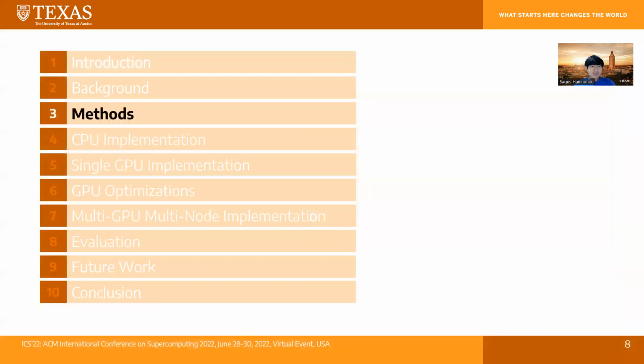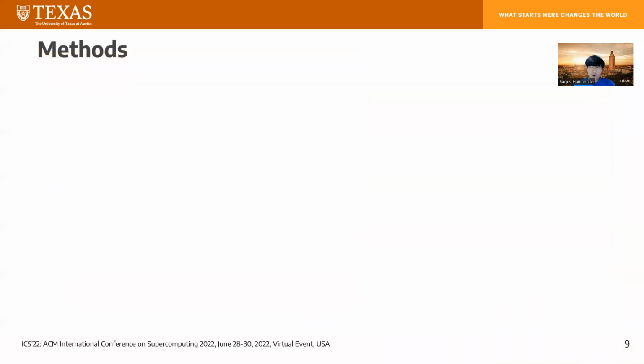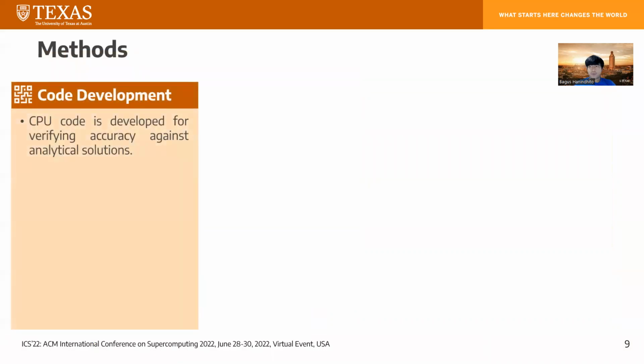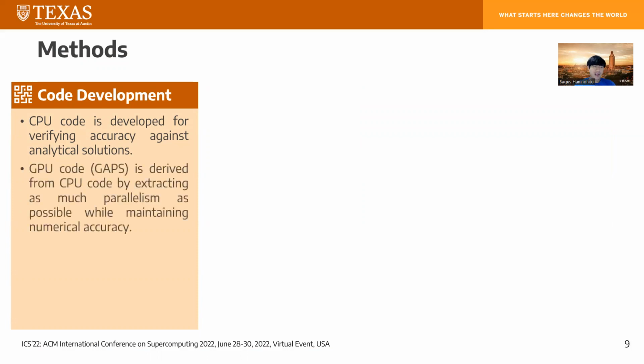Let's move to the methods itself. So the code development itself starts with the CPU code. The CPU code is developed to verify accuracy against analytical solutions. After it is verified correct, we move to develop the GPU code, or GAPS.